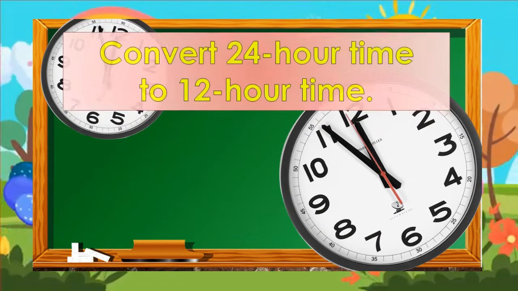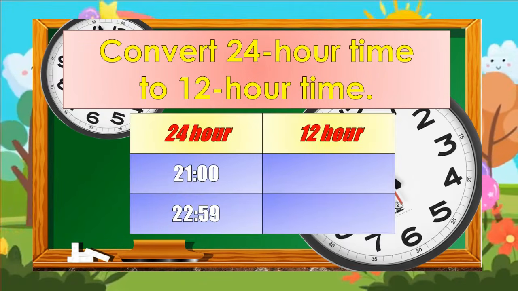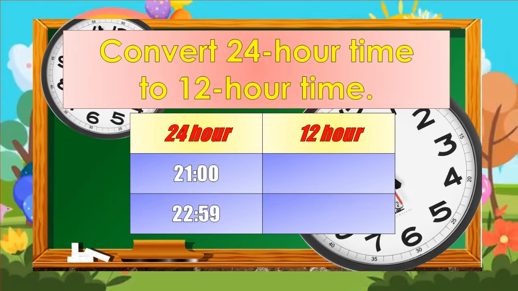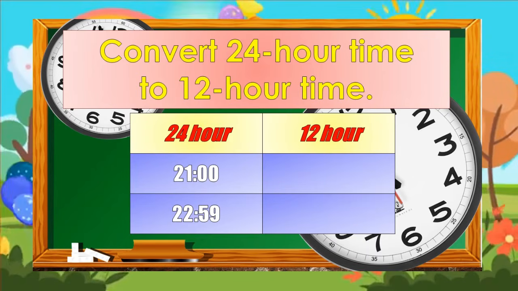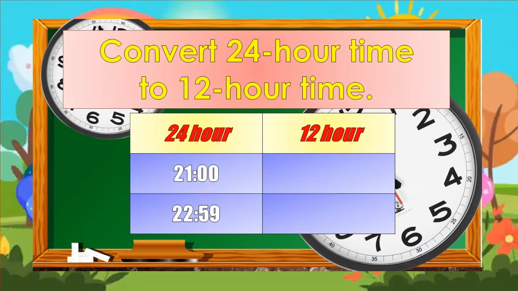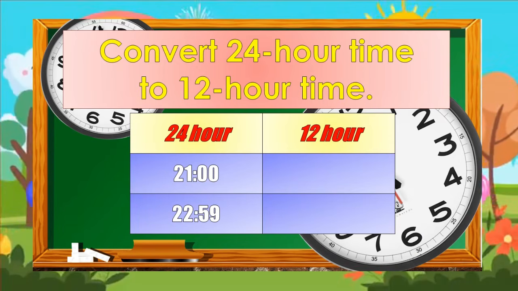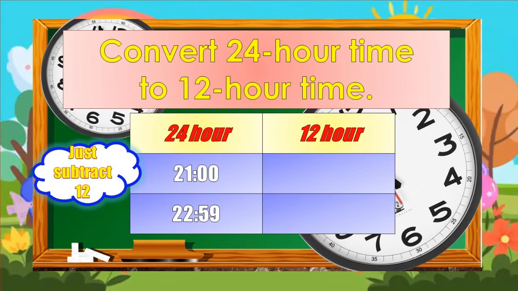How about if we convert 24-hour time to 12-hour time? In our example, we have here a 24-hour time, which are 2100 hours and 2259 hours. If you want to convert 24-hour time to 12-hour time, you just subtract 12.